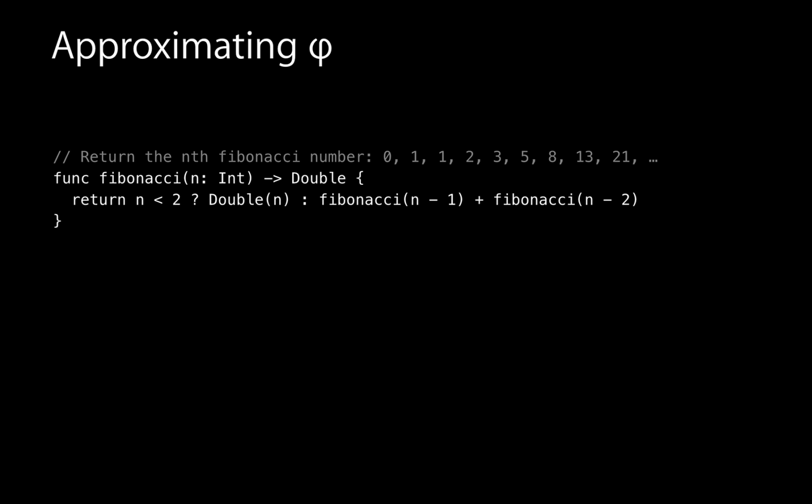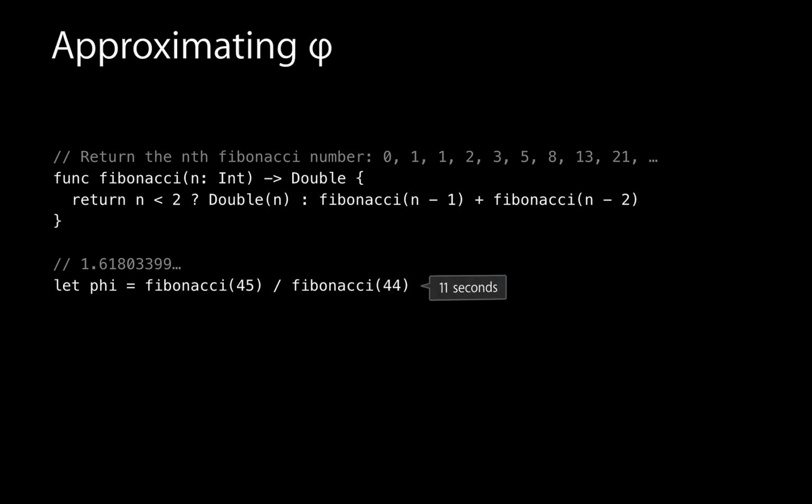It's really easy to verify that this does exactly the right thing. And here's phi. We need to go a few iterations, right up to about 45, so that we get enough precision with our estimate. Now, running this part of our program takes 11 seconds. 11 seconds on a fast machine.